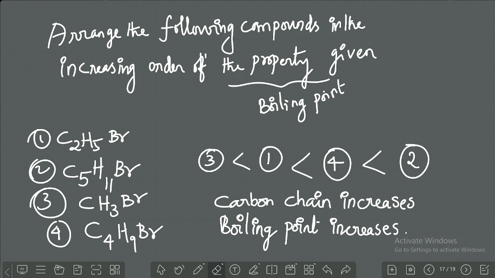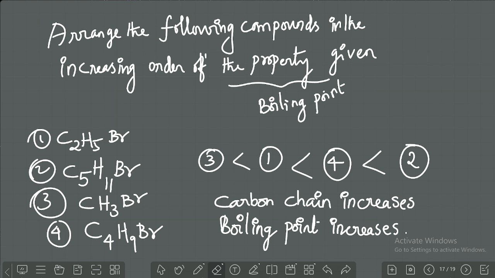And moreover, a reasoning question also there. From this, any 2 compounds, say third and fourth, you may be given, and they themselves give that the fourth one has higher boiling point. They will ask the reason why. The reason is when carbon chain increases, boiling point increases. First point.